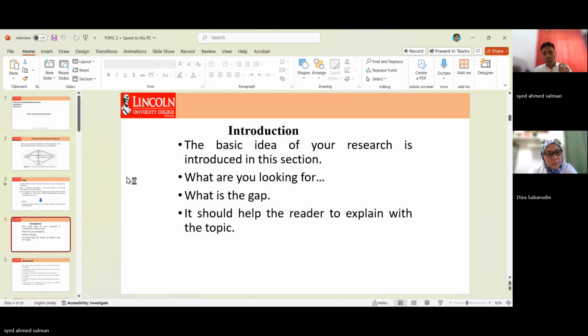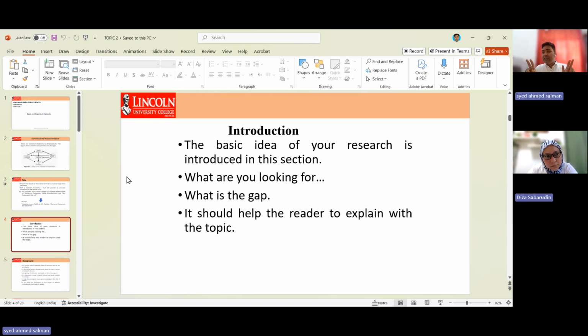You are looking at the usage of social media and academic performance, right? I know this is not your final title, I am just giving an example, okay? So meaning that you are going to look at the usage of social media and the academic performance of private university students in Selangor.